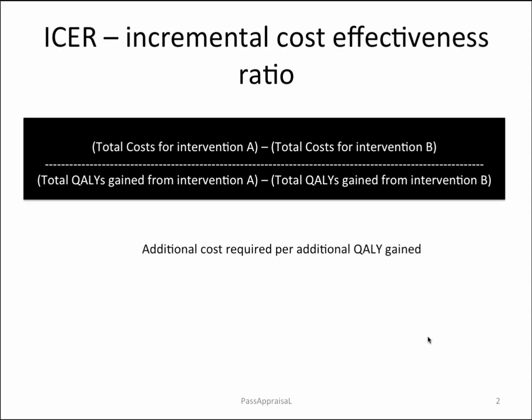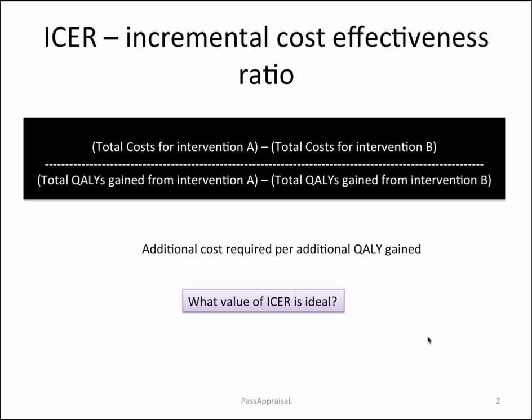The value of ICER indicates the additional cost, usually in pounds, required to be spent to achieve one additional unit of gain in the clinical outcome that is being considered. What value of ICER is ideal?